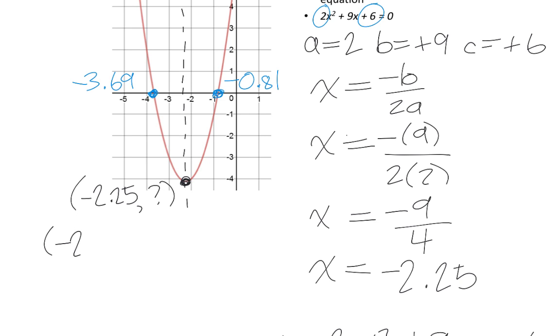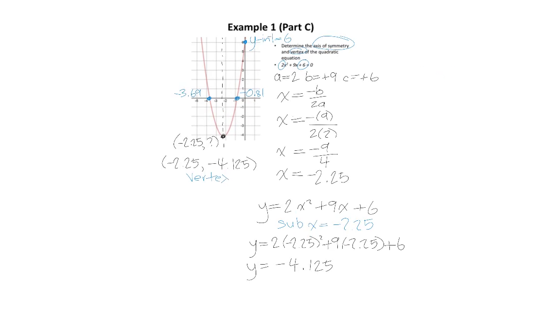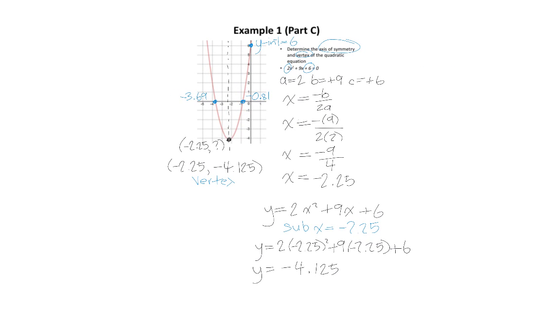So our vertex coordinates are negative 2.25 and negative 4.125. That is the coordinates of the vertex. So there you go. That's all the work that is required to figure out the axis of symmetry as well as the vertex.